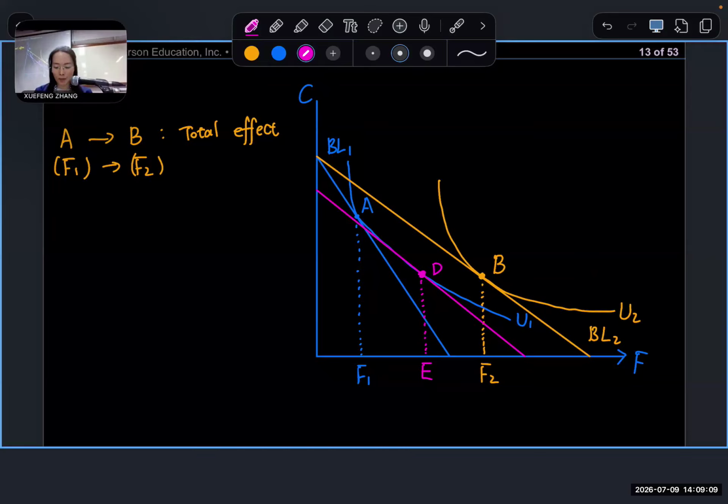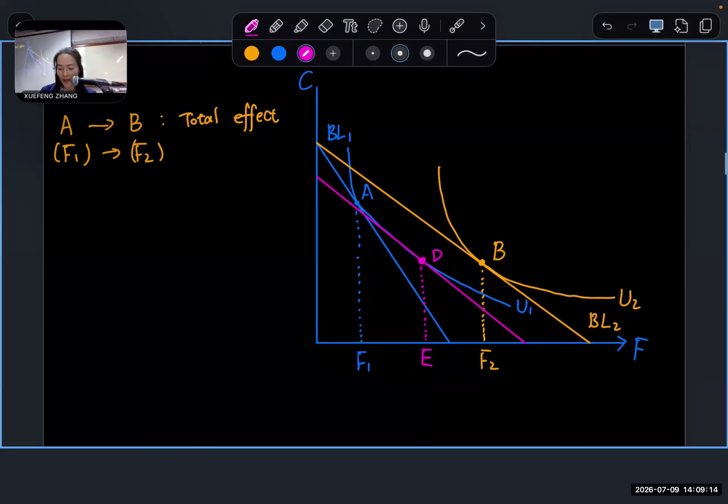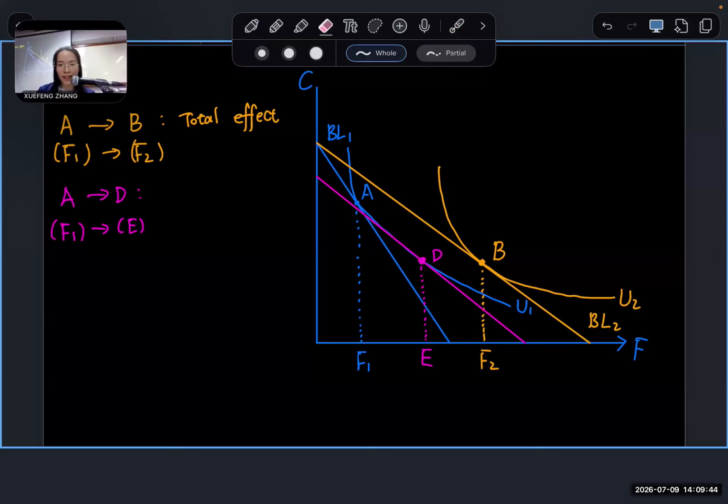So let's decompose the total effect. From A to D, which means from F1 to E, we call this effect the substitution effect, right? Because we are at the same utility level. So from A to D is the substitution effect.